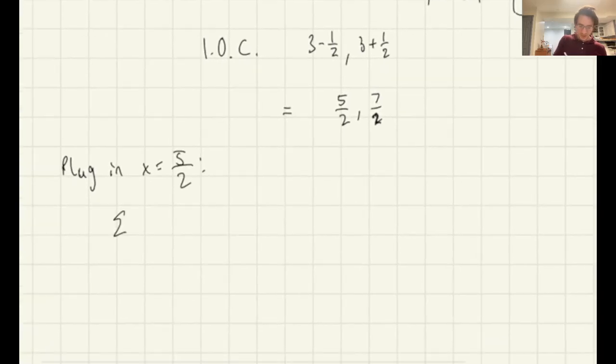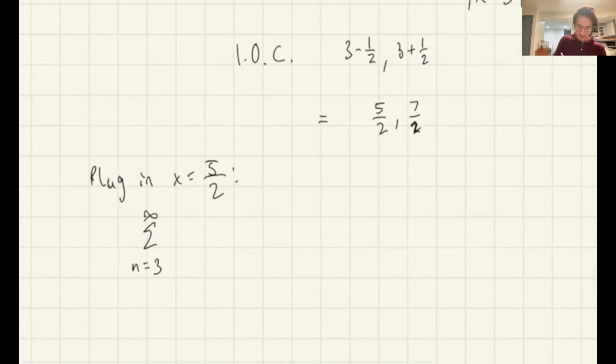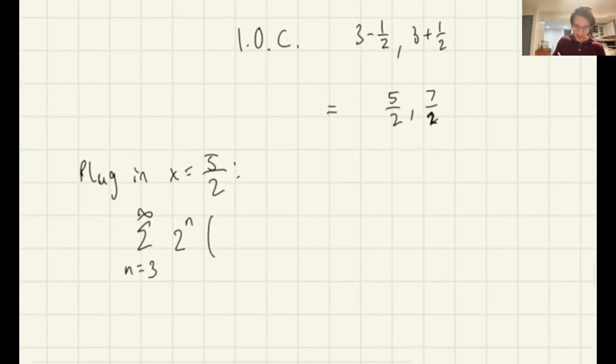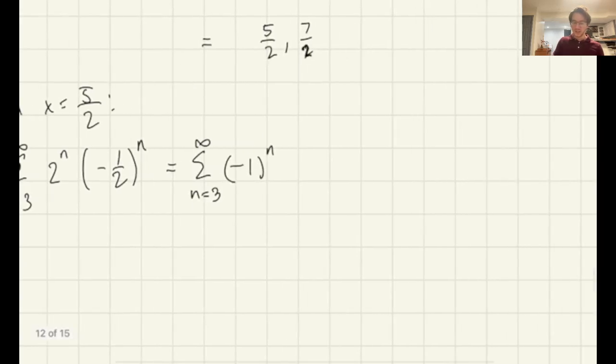I get the sum n equals 3 to infinity of 2 to the n times (5 halves minus 3), so minus 1 half to the n. Both of those things have a power of n, so I can jam them together and just get a minus 1 to the n. This diverges.